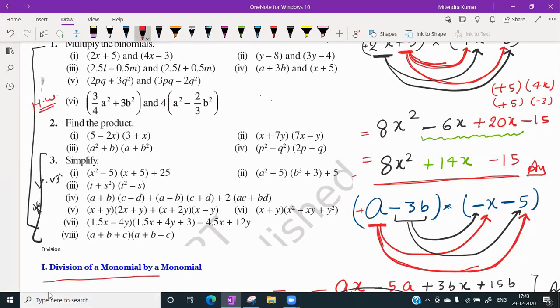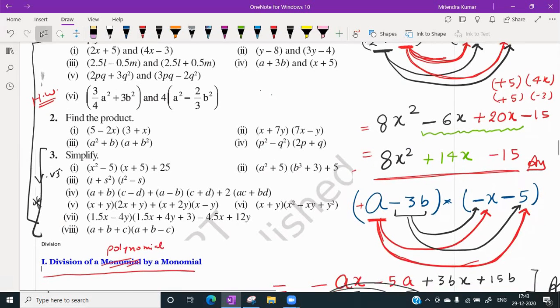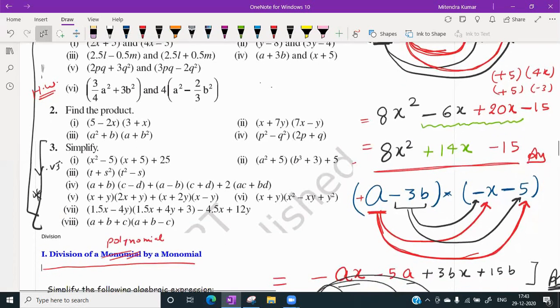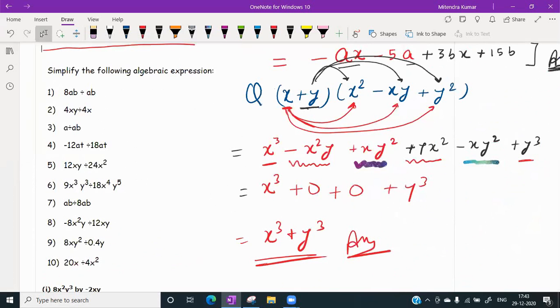And after that, give the heading division of a binomial or maybe polynomial by a monomial. Are you writing this as homework? Yes, sir.